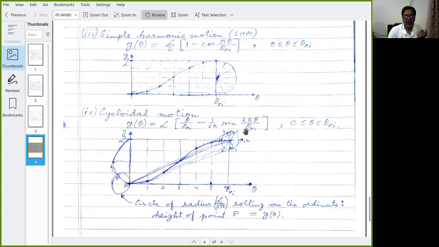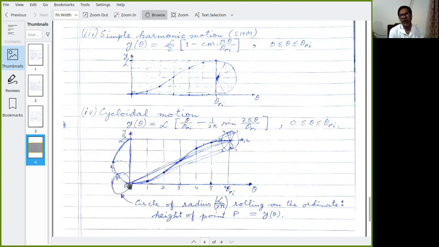So when you put theta Ri, you get 0 here and 1 here. The full motion comes out with the uniform linear component as well, and the subtractive component in between makes it smooth.